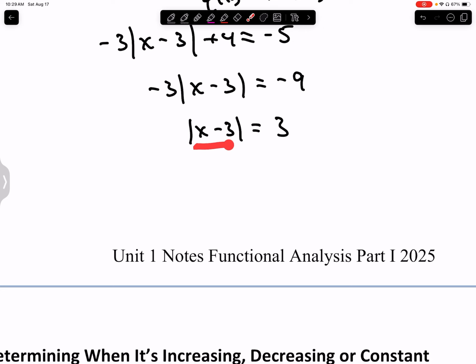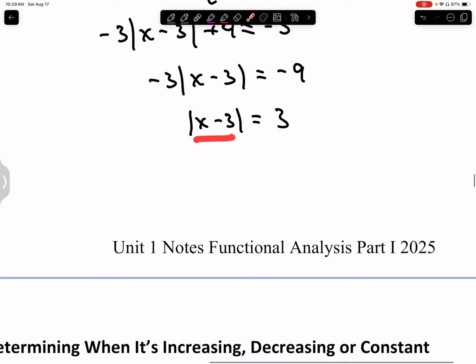If this is a negative 3, and you take the absolute value, you get a positive 3. So this could be a positive or negative 3. So long story longer: once you get the absolute value by itself, remove the absolute value bars, and take the positive number that was over here and make it plus or minus that number.